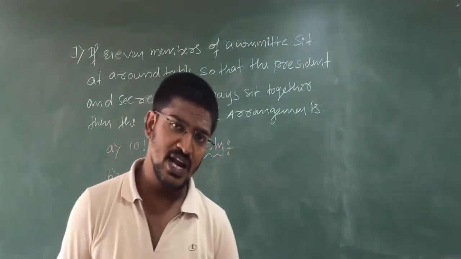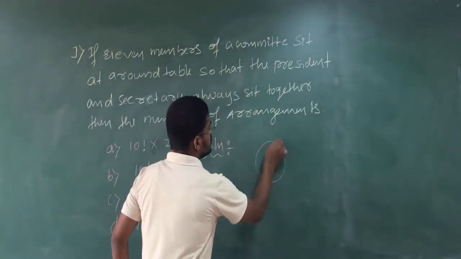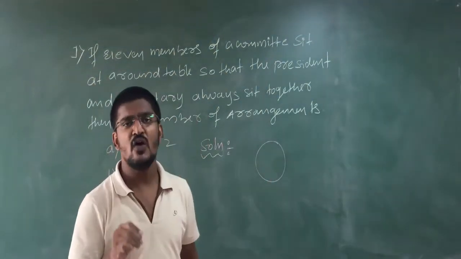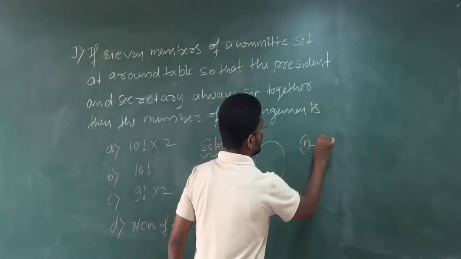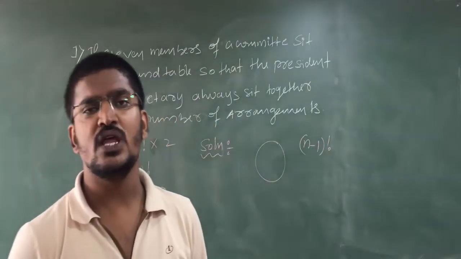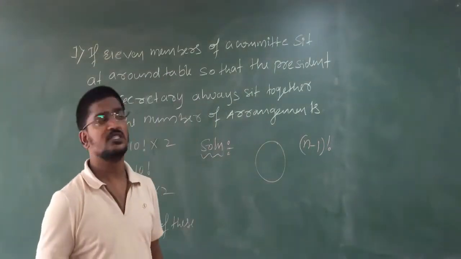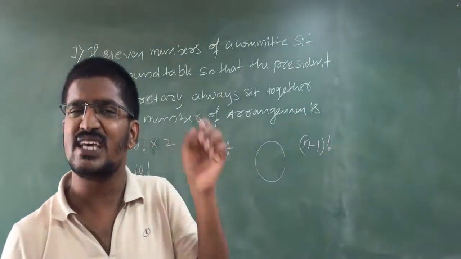Clear? So already we have seen n different elements in circular permutation. We have studied what that is: it is (n minus 1) factorial. So n different things, because here there are 11 members. That means all 11 members are different.